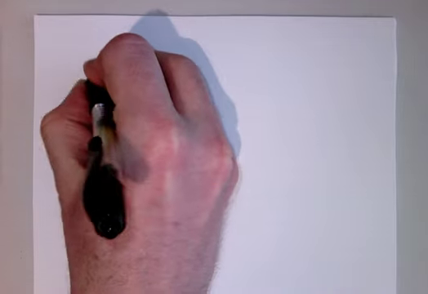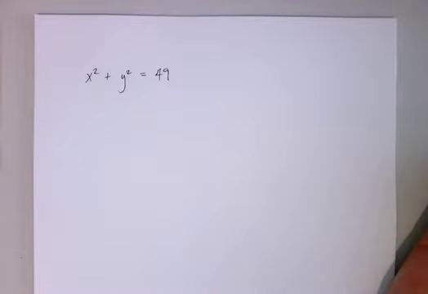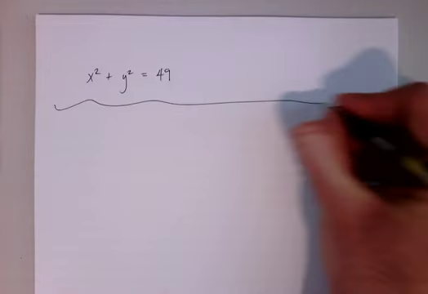Now, let's go ahead and let's go the other way. Let's say we have x squared plus y squared is equal to 49. And you're thinking to yourself, okay, how do I do that? Well, let's take a break right there.